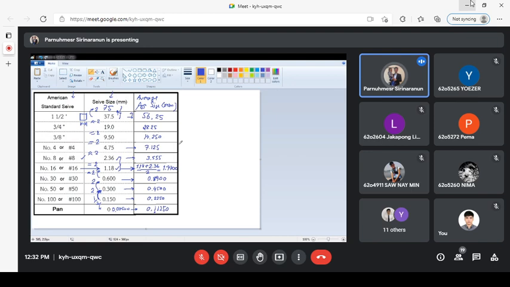Why do we compute this? Because we will use this number in the mix design later. To compare the paste used in the mix design, how much it is from this number. It can guide you to approximate the paste that is enough to cover the aggregate in the mix design. Clear?